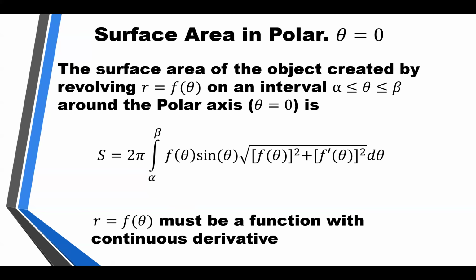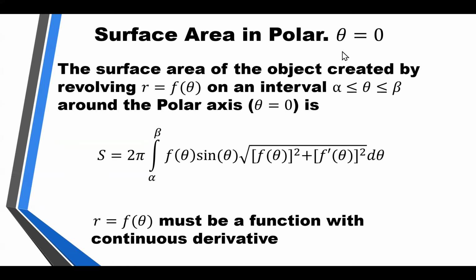But that's it. So surface area in polar, if we're rotating around the polar axis, which think x-axis, is 2 pi times my y value times my arc length square root integrated from alpha to beta.